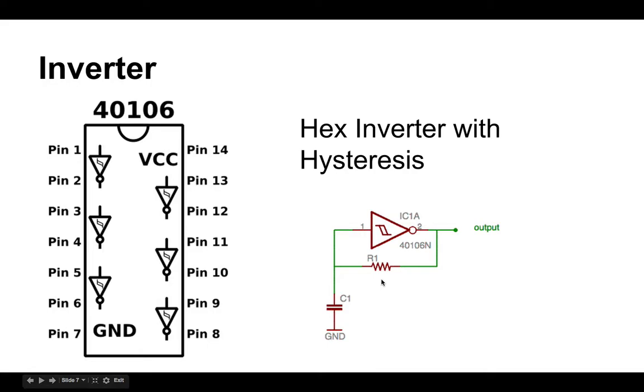And in basic electronics, this is called an RC circuit, right? Resistor capacitor. The bigger the capacitor, the slower the oscillation, right? Because it takes a longer time to charge. So let's see, I think I have a 0.1 microfarad capacitor in here right now.